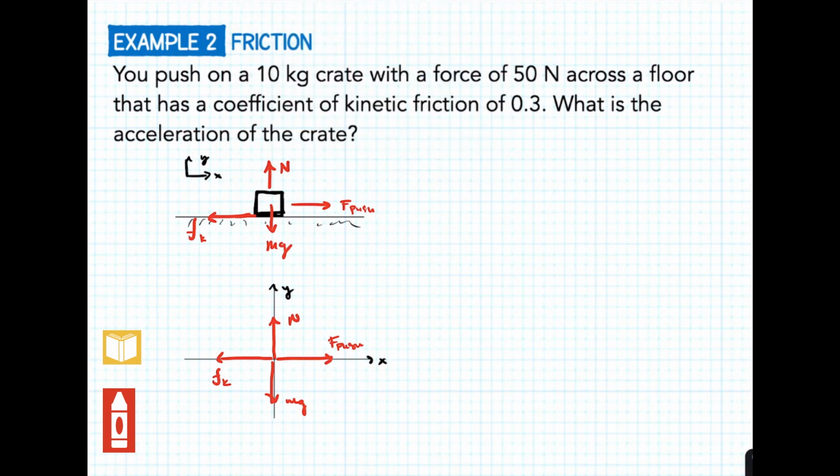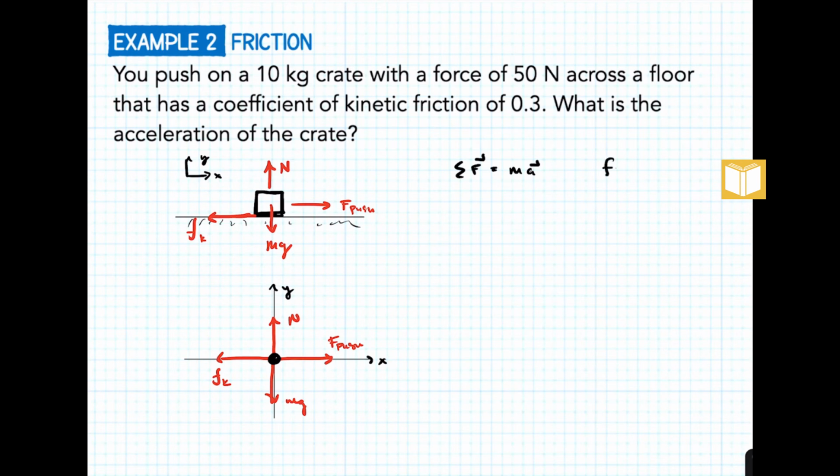And we know that the box we can just represent as a dot. So we want to sum up all of these forces. But the other thing we want to remember is, first, Newton's second law, which says the net force is equal to the mass times the acceleration, right? And we also want to remember that the kinetic friction is related to the normal force by this formula. And remember, those are not vectors, okay?